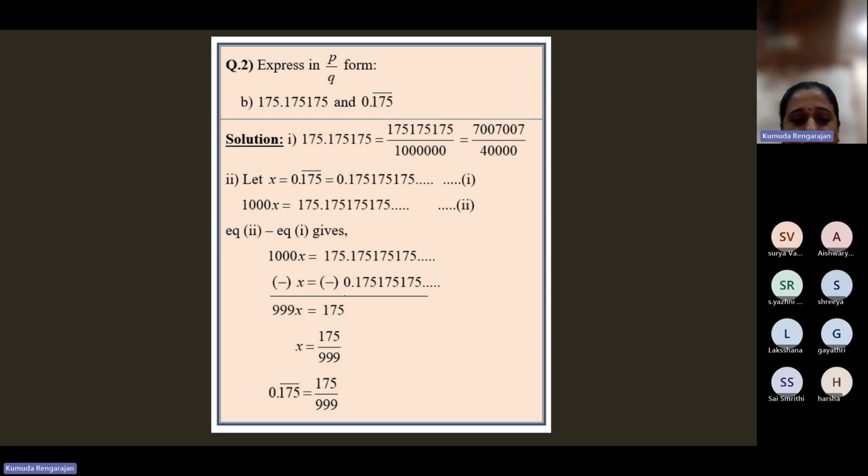So 175 minus 0 is 175. So x is equal to 175 by 999. X is nothing but 0.175 recurring, meaning we had assigned this to x. So 0.175 recurring is equal to 175 by 999.